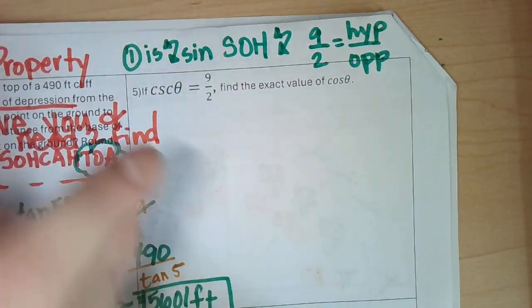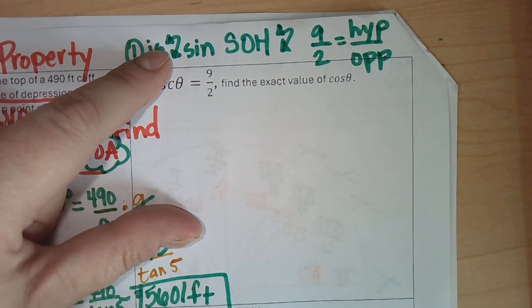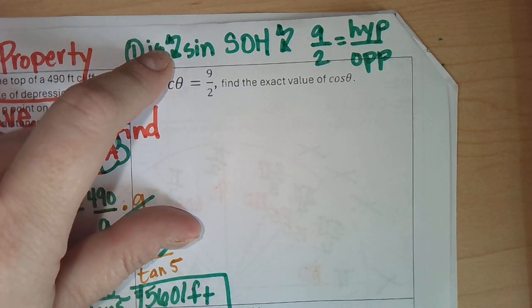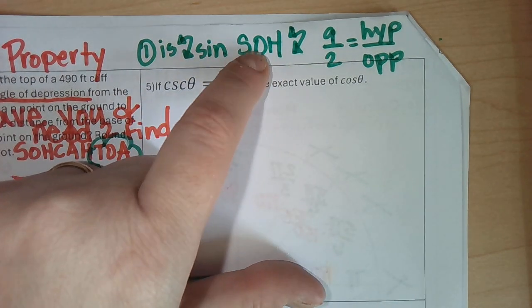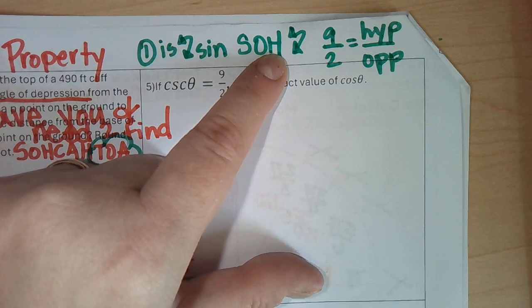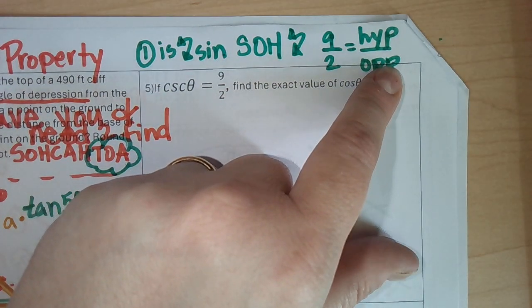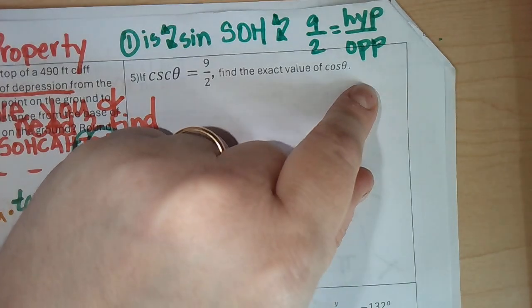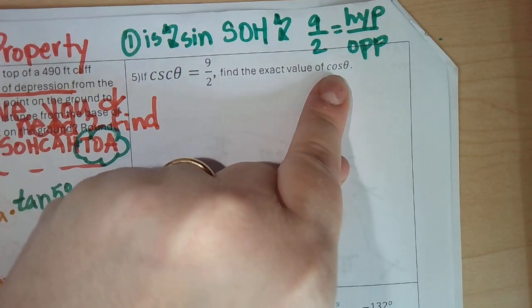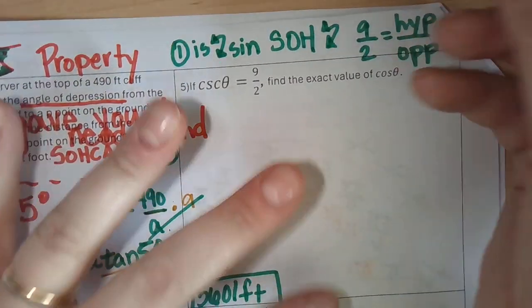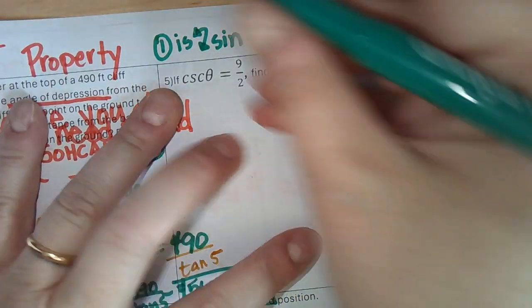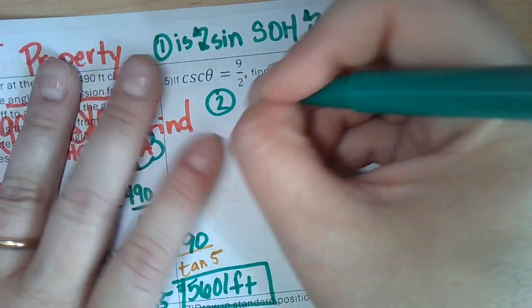And we know that because CSC is the reciprocal of sine, and the fraction for sine is made up of opposite over hypotenuse, but we have to reciprocal it. Okay, now it says find the exact value of cosine. Okay, well, first let's draw a triangle.